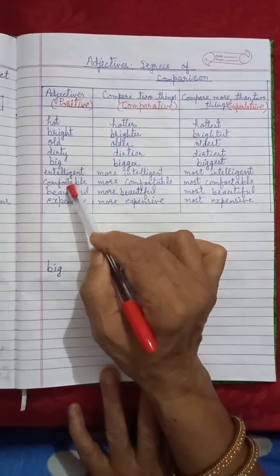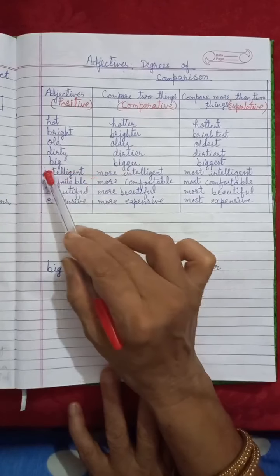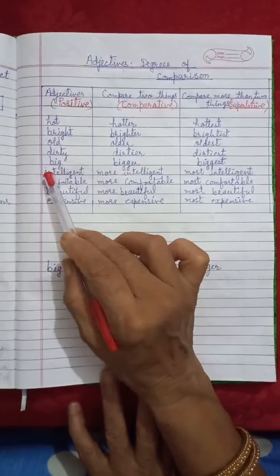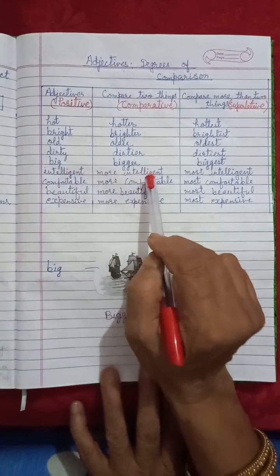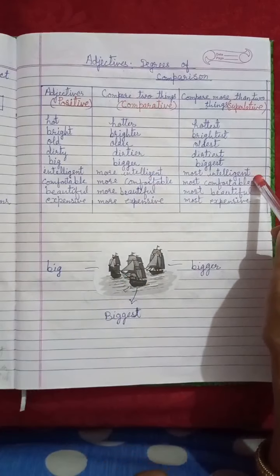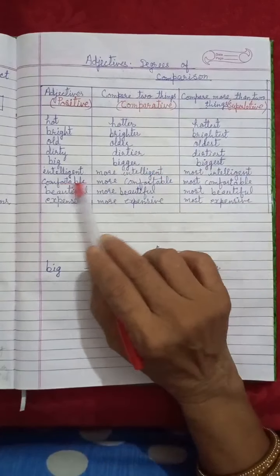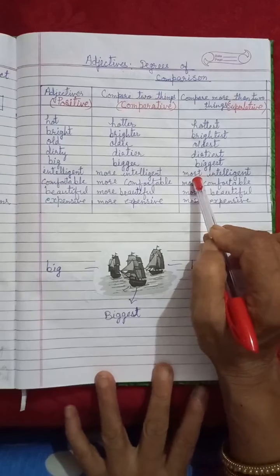Here you can see these words are longer than this in spelling. Spelling wise they are longer. So in these type of words we will not use the ER form to make comparative or the EST form to make superlative. What we will use? We use more for comparative and most for superlative.